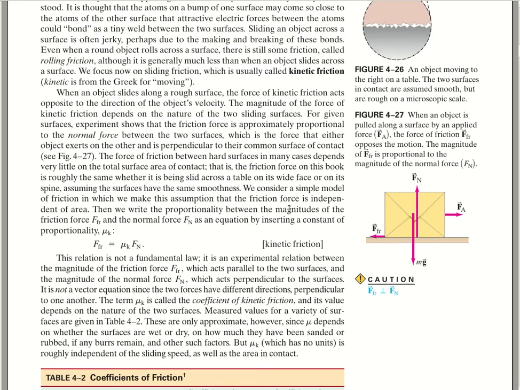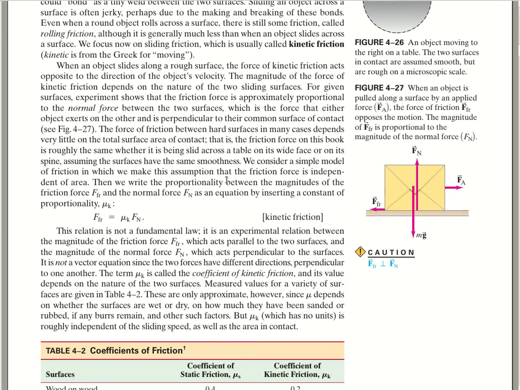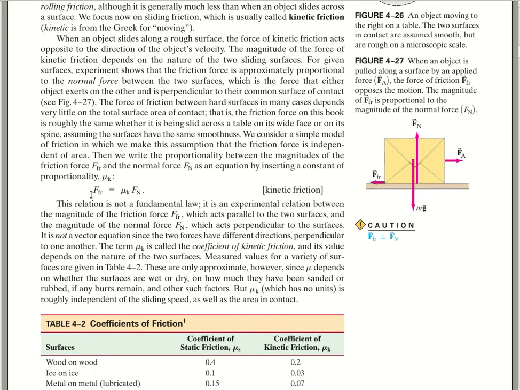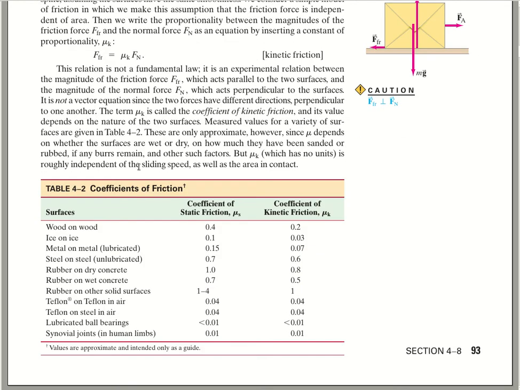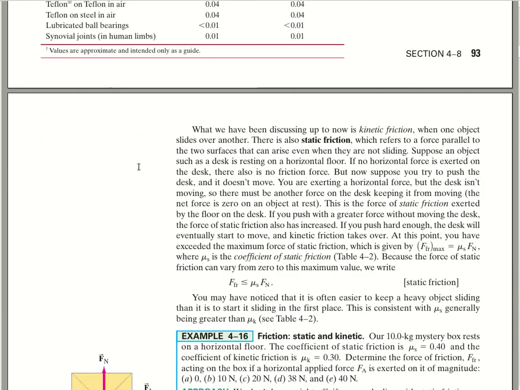The static is the friction that doesn't allow an object to move for the first time, and the kinetic friction is the one acting when it's moving. Static friction is always higher than kinetic friction. The formula is mu, which could be static or kinetic, times the normal force, and that's everything you need to know about friction.